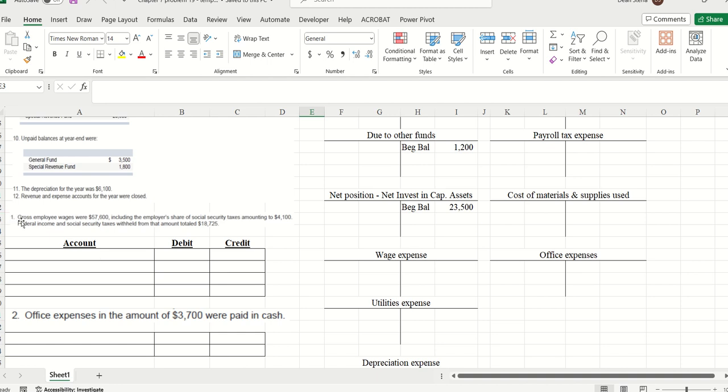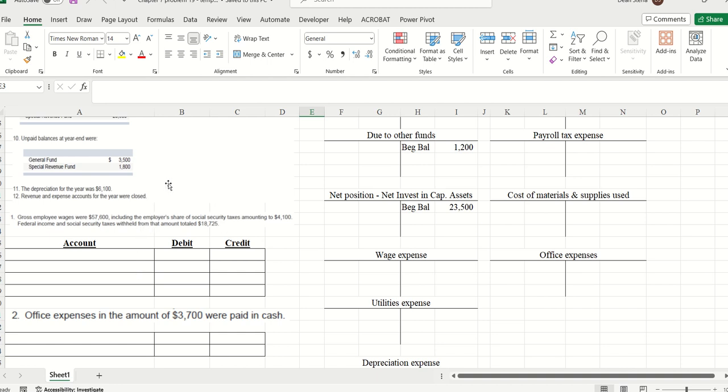Okay, so gross employee wages of 57.6, including the employer's share of Social Security taxes amounting to 4,100. Federal income tax and Social Security taxes withheld from that amount totaled 18,725.